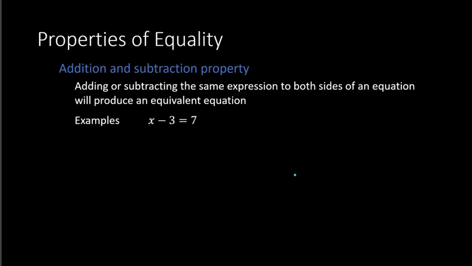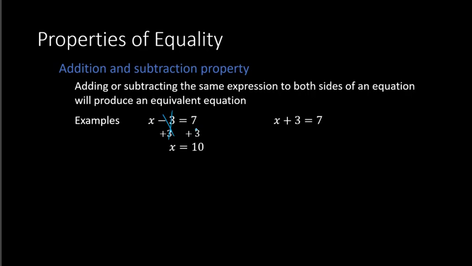So for example, if we had x minus 3 equals 7, what we can do to solve for x is add 3 to both sides, and when you do that, the 3 and negative 3 will cancel, and now we have 7 plus 3, which is 10 on the right side. So by adding the 3 to both sides of the equation, we now have solved the equation, and our solution or root would be x equals 10. So that illustrates the addition property.